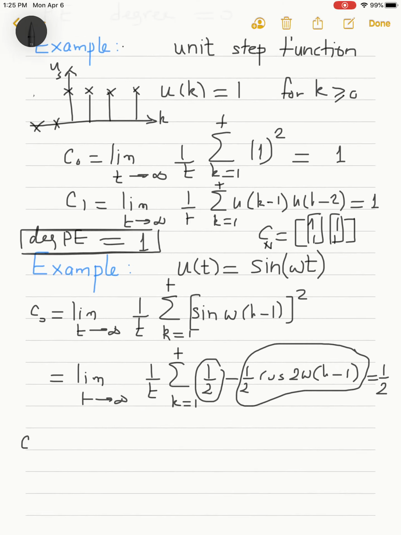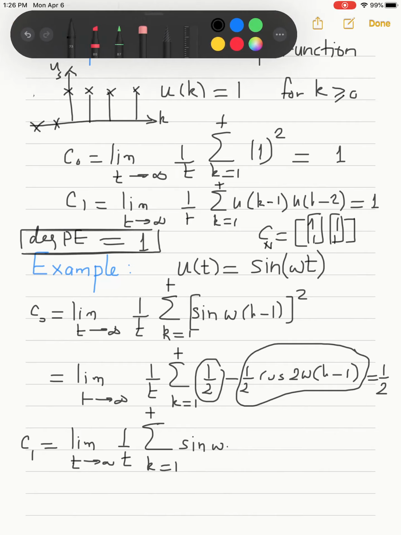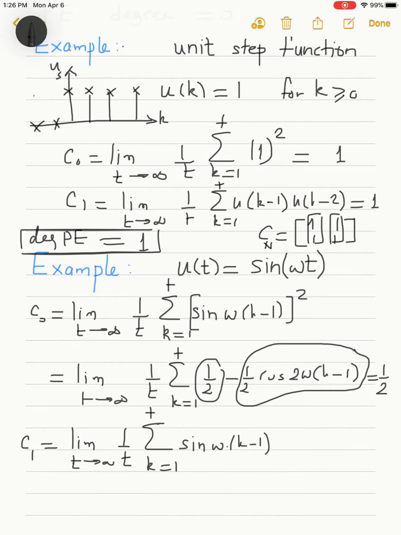I can also calculate the coefficient C1, and that would be the limit as t goes to infinity of 1 over t, the summation from 1 up to t of sine omega times k minus 1, multiplied by sine omega times k minus 2.